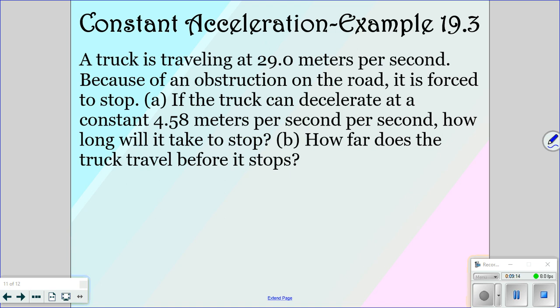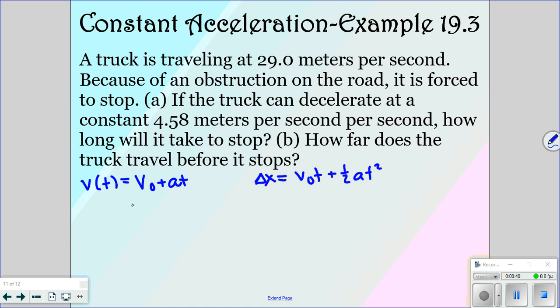So again, we're going to set up our two equations and see what we can fill in. So our velocity equation and our position equation. And you may learn them just because you write them so often. You don't have to memorize them, but they may just be something you learn just because of how often you write it.